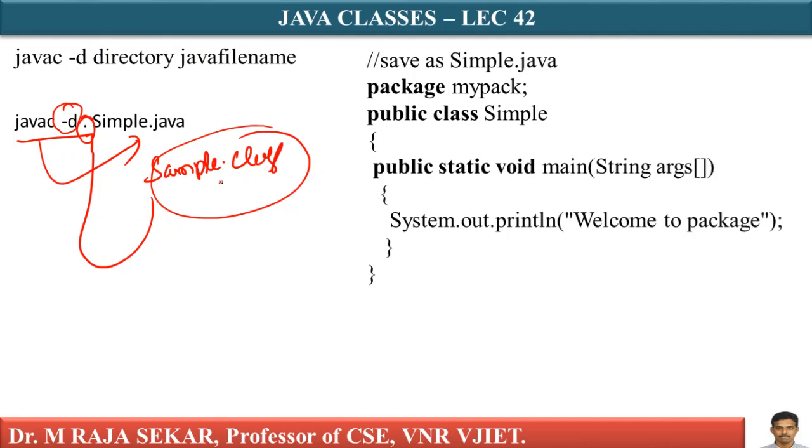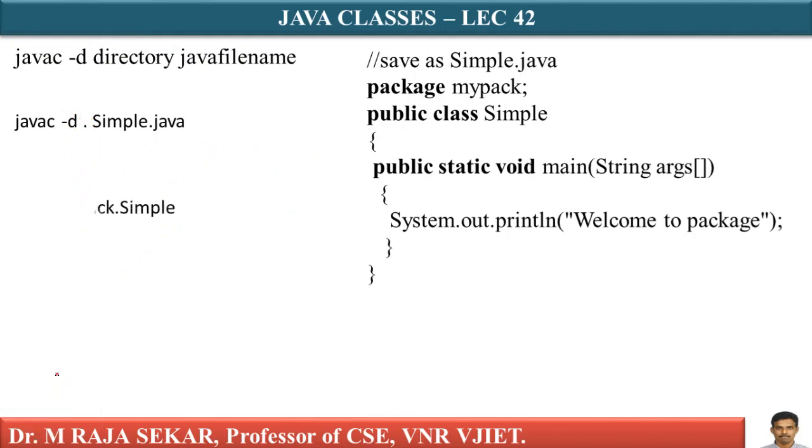If I say dot, that class file will get stored in the current directory. This dot is useful to keep it in the same directory. It's simple and straightforward.